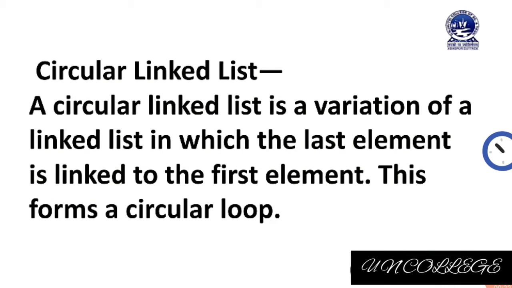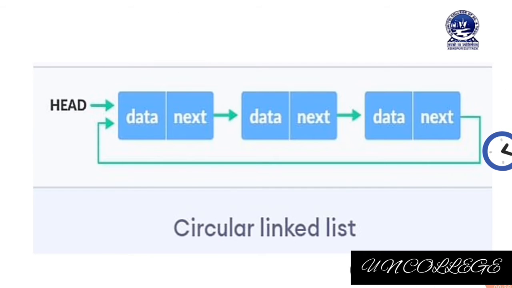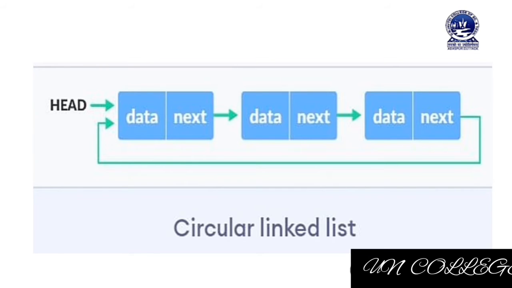Now we will discuss the circular linked list. It is totally different from the single linked list and doubly linked list. A circular linked list is a variation of a linked list in which the last element is linked to the first element. This forms a circular loop. Here I have used a diagrammatic representation of a circular linked list. The diagram consists of three nodes. The first node, as we know, is represented as head.